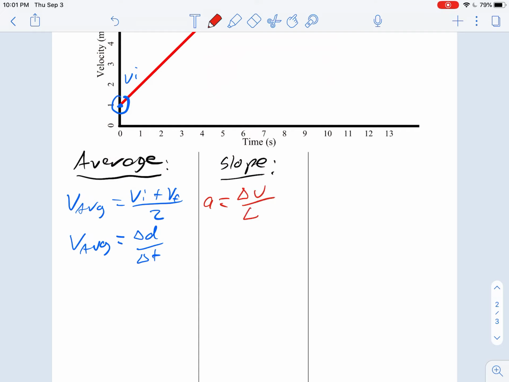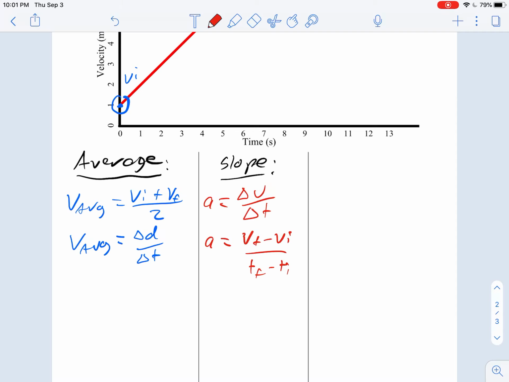So I've got delta v over delta t. I'm going to expand this out in the same fashion that I did on the previous page: v final minus v initial, t final minus t initial.